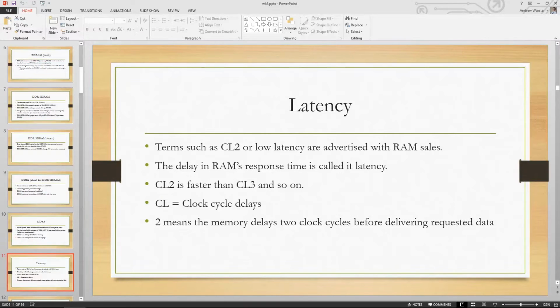Latency is something you have to worry about a lot. Even if you have RAM that claims to be the fastest possible, it could have latency so slow that slower RAM actually runs quicker and makes your PC quicker. So you have to check the clock cycle delays, which they'll list when you're purchasing the RAM.